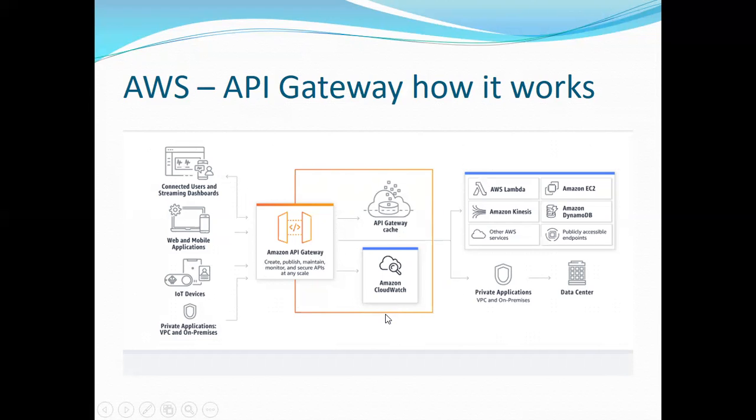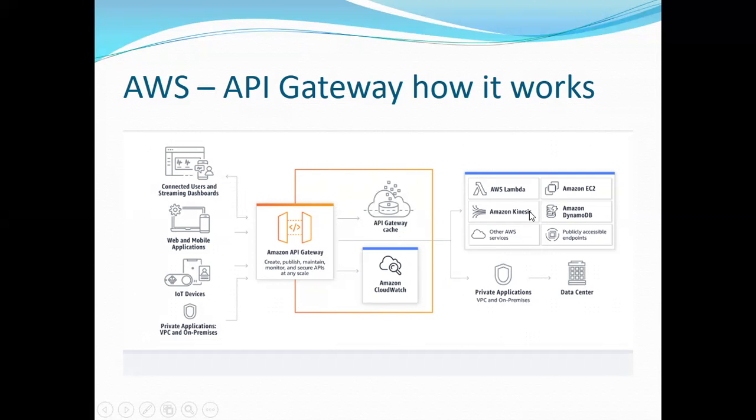So CloudWatch is useful to monitor and to make it better available for the end users and applications. Okay, so these are the two sides of the services, and the main part of API Gateway is that it can invoke services based on the user requirement.